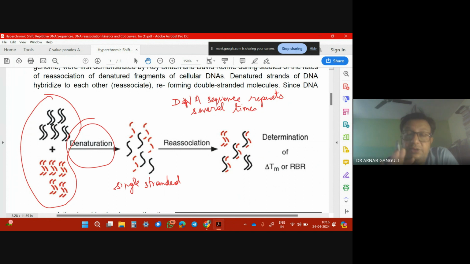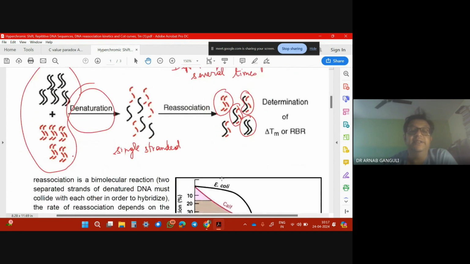And gradually you lower the temperature or remove the alkali, and they reassociate. The reassociation can be either with this strand fully, or it can be something like this, or it can be hybrid, or a total something like this of both the strands.